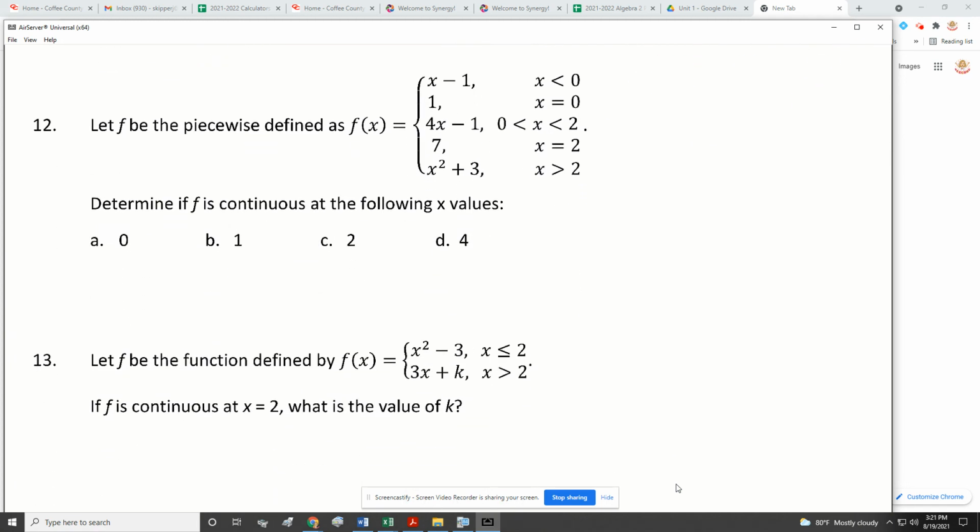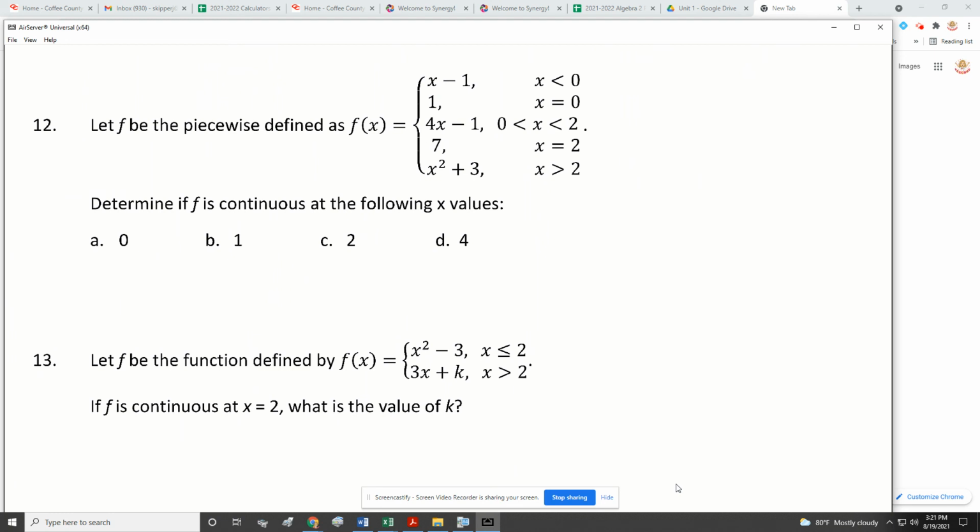Okay, all right, and then this one, we've got this crazy piecewise function, and we're trying to figure out if the graph is continuous at these points, which means that the left and right hand limits have to be equal, and they have to be equal to what the function is defined at that point. All right, so we have 0.